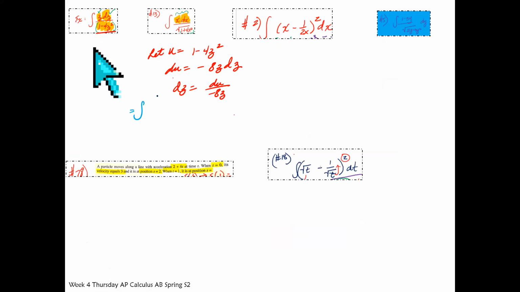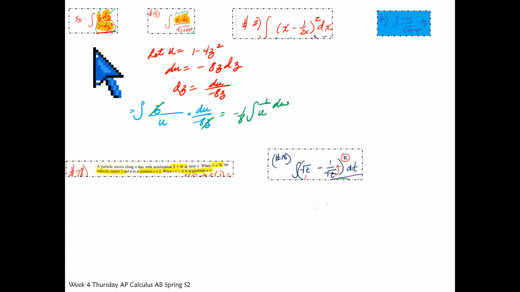Here's my integral, z over u times dz, and then replace dz with du over negative 8z. I'm able to cancel the z, which is great. Move the negative 1 over 8 to the left side of the integral, and I have 1 over u du.